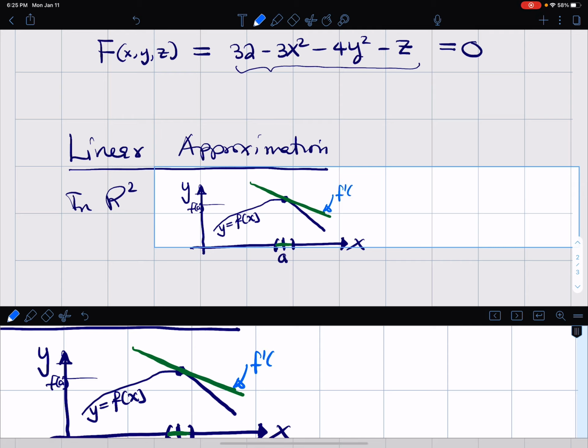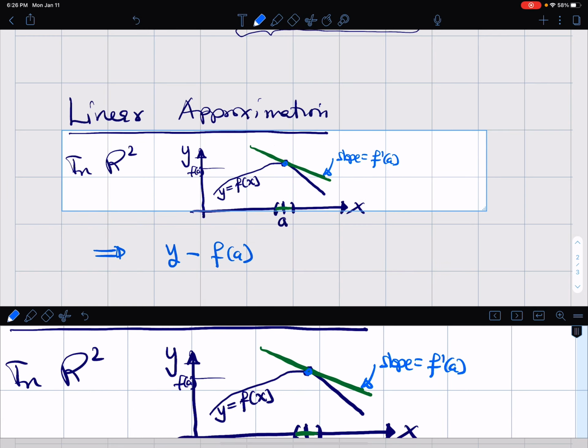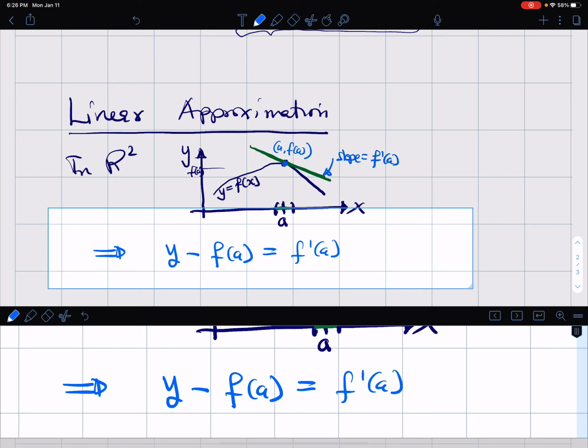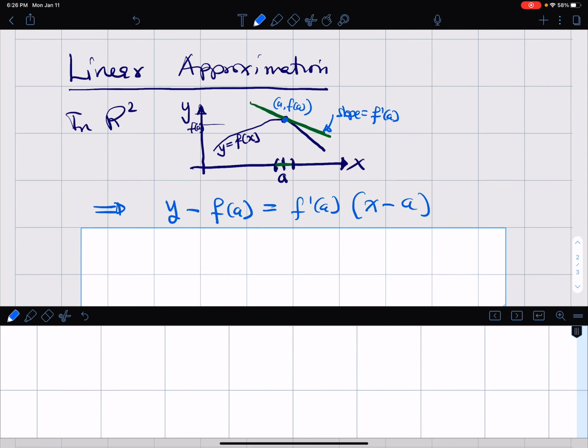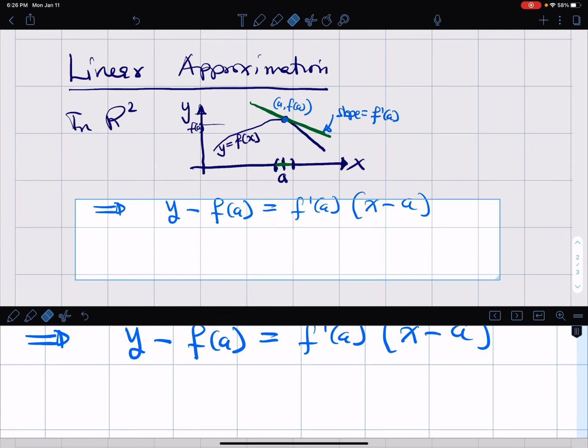So its slope is f prime at A. For that reason, we can just say that y minus f of A, so y minus y1, right, because this point now is A, f of A. So y minus y1 is equal to f prime of A times x minus A. This will give us essentially the equation of the tangent line, and this equation is usually easier to work with because it is a linear function.